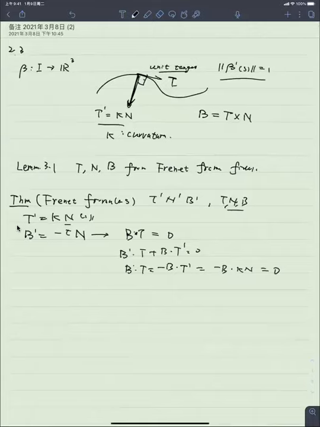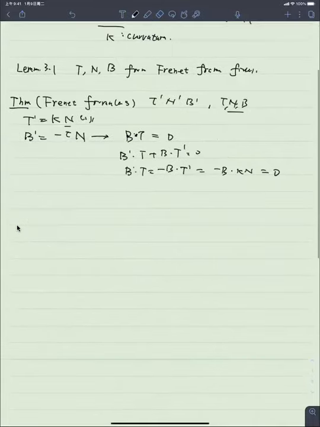Next, what we want to know is what N prime is. Actually, N prime is very interesting.